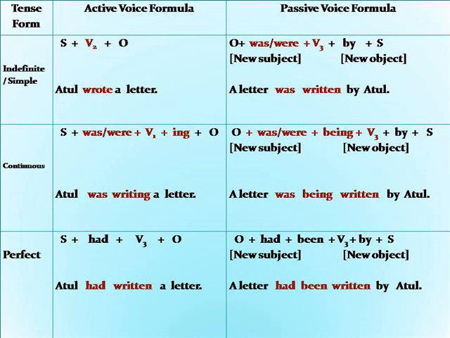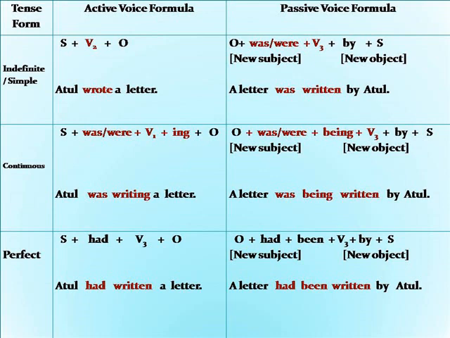Then in past continuous, subject plus was or were plus verb 1 plus ing plus object, and in passive voice it will be object plus was or were plus being plus verb 3 plus by plus subject. So the example is Atul was writing a letter becomes a letter was being written by Atul.